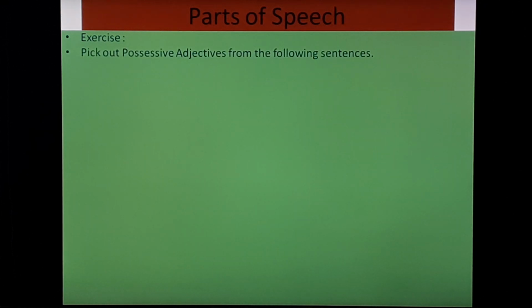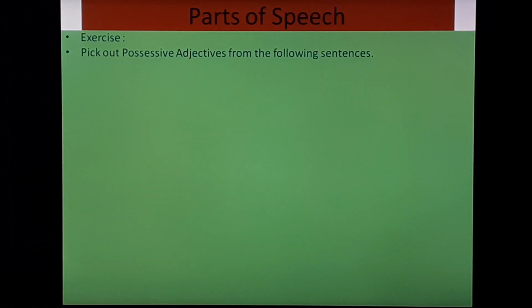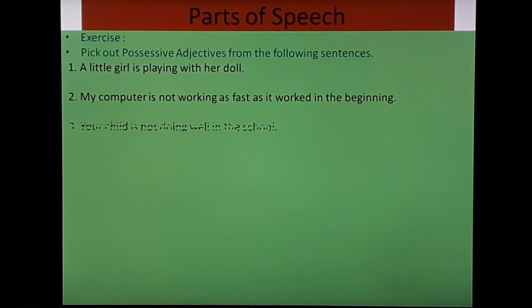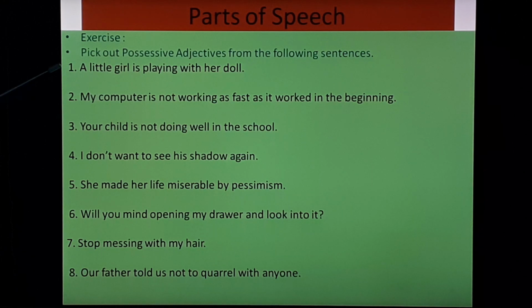Let's do an exercise on possessive adjectives. Pick out possessive adjectives from the following sentences. Eight sentences are given and you have to find the possessive adjectives from all these eight sentences.